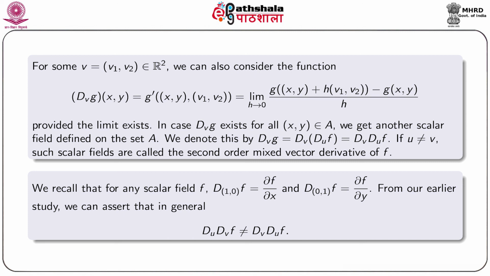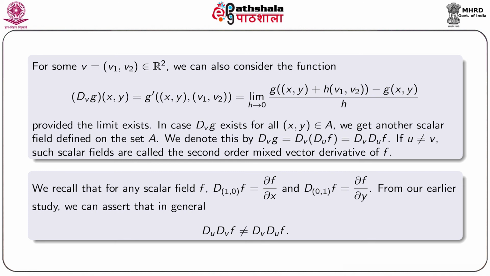In case d_v g exists for each (x,y) in A, we get another scalar valued function defined on the same set A, that is d_v operating on d_u f, that is d_v d_u f. Similarly, we can also define d_u d_v f. If u and v are distinct, such scalar fields are called the second order mixed vector derivatives of f.